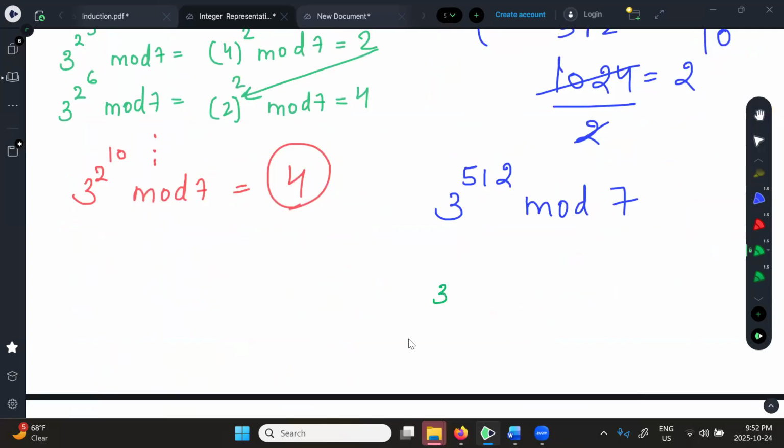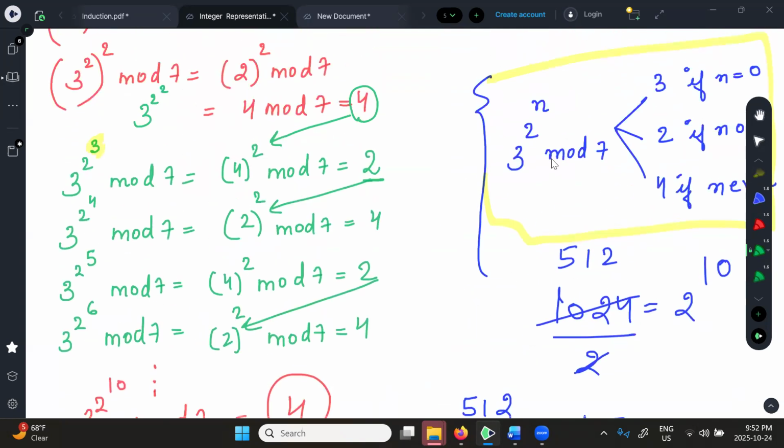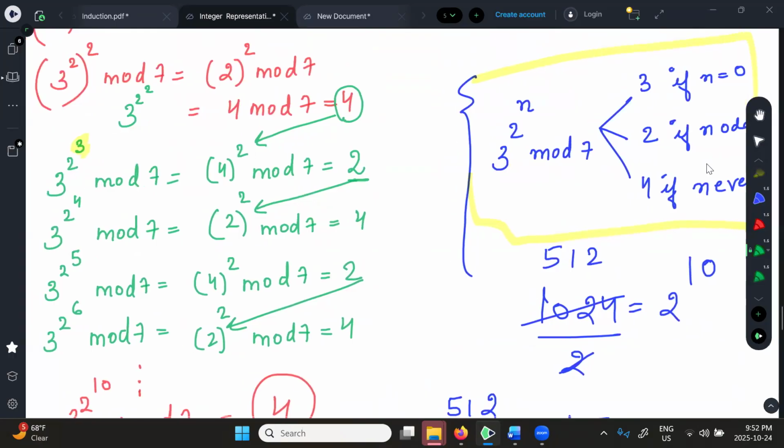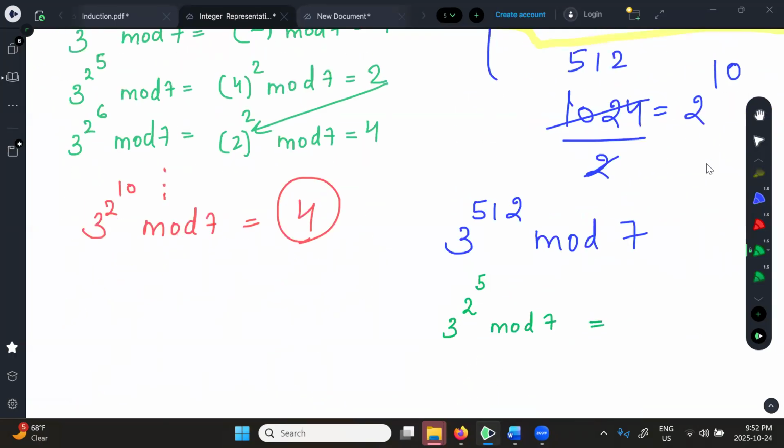This is 3^(2^9) mod 7. But now I know the pattern. So I know that if the power is odd, if n is odd, the answer is 2. So the answer is 2.